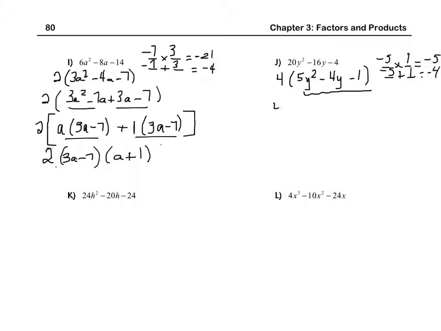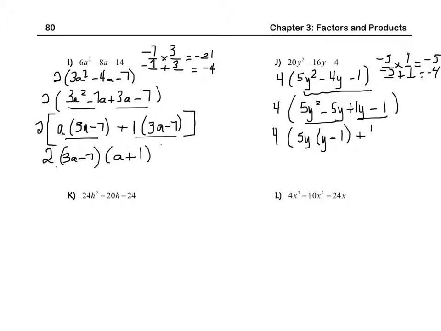So this would become 4, and then we'd have 5y squared. We're going to break it down using minus 5y plus 1y minus 1. And then we're going to group in GCF. So that'd be 5y outside of y minus 1 plus the second group only has a 1 as a GCF.